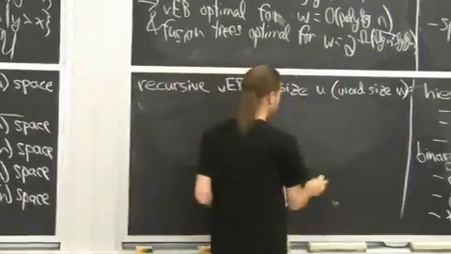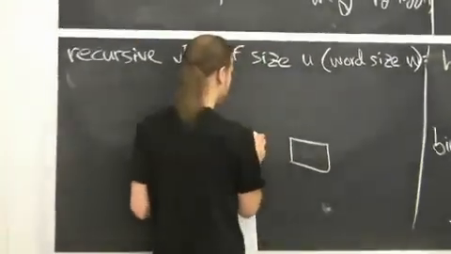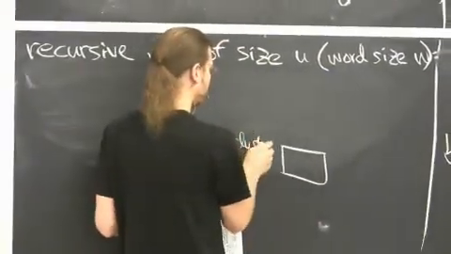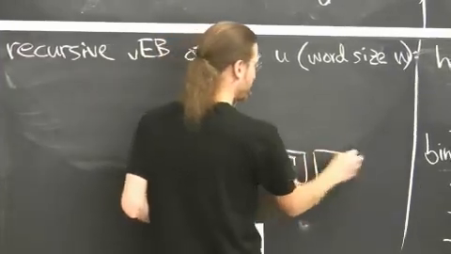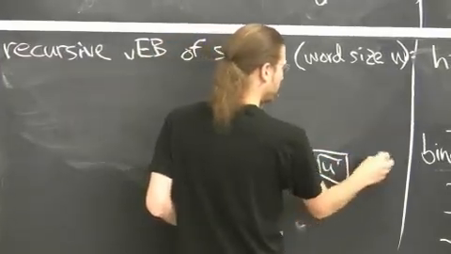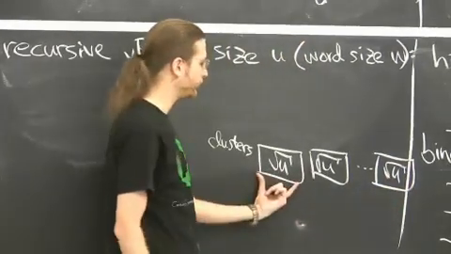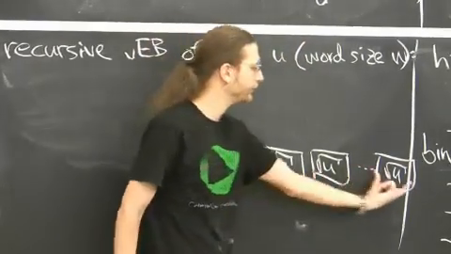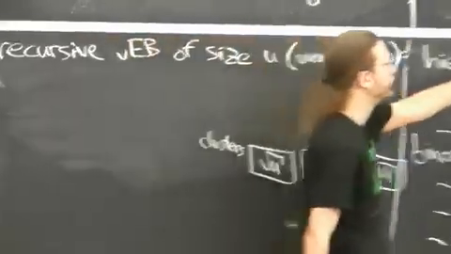And what it's going to look like is we have a bunch of clusters each of size square root of u. So this represents the first root u items, this represents the next root u items, this represents the last root u items, and so on. So that's the obvious recursion from this.